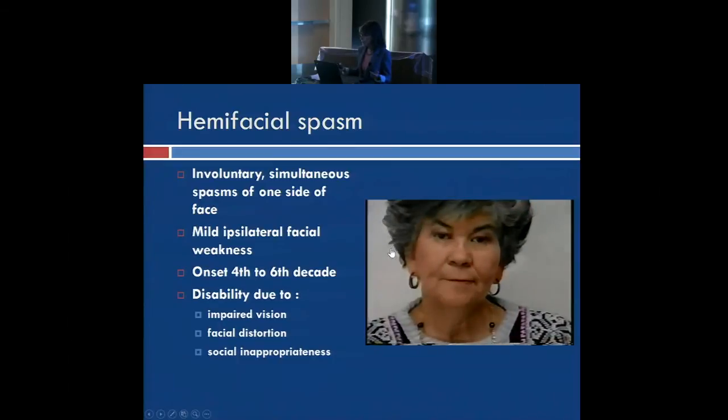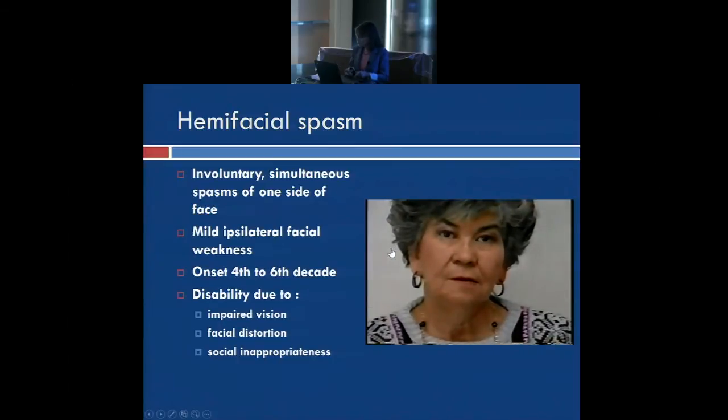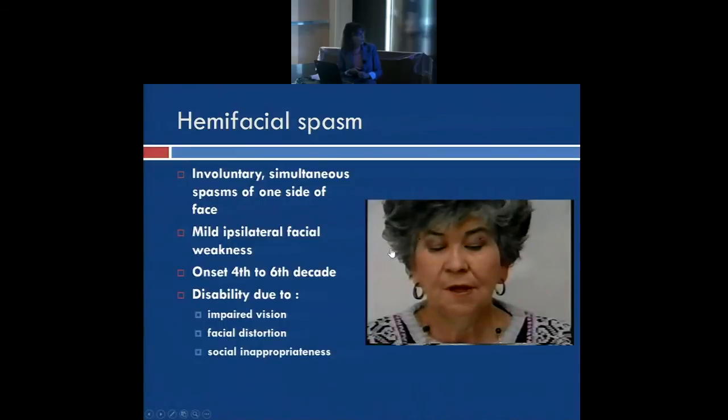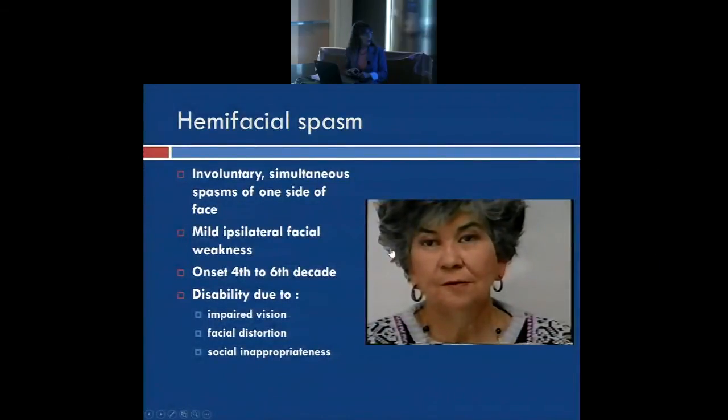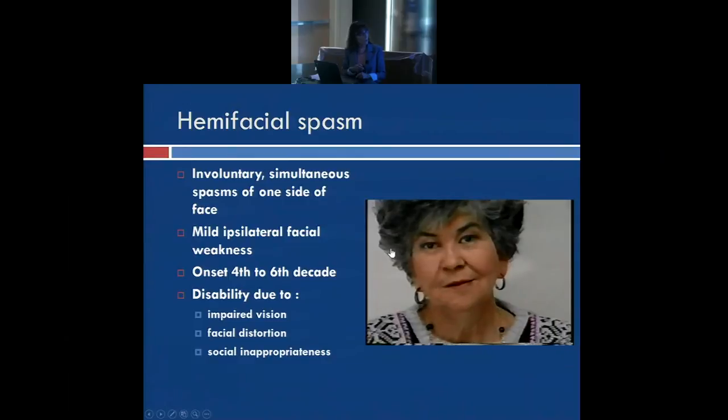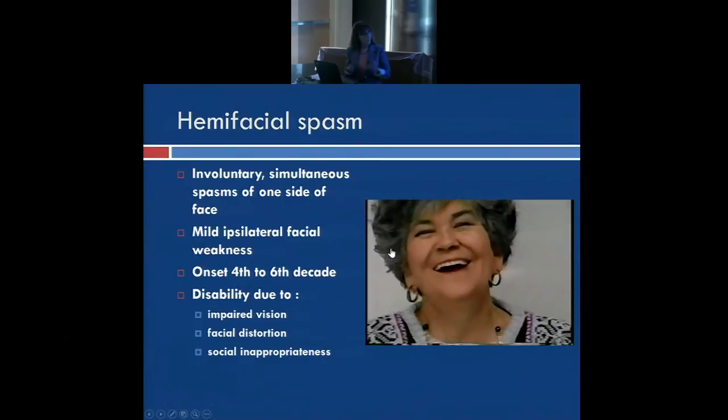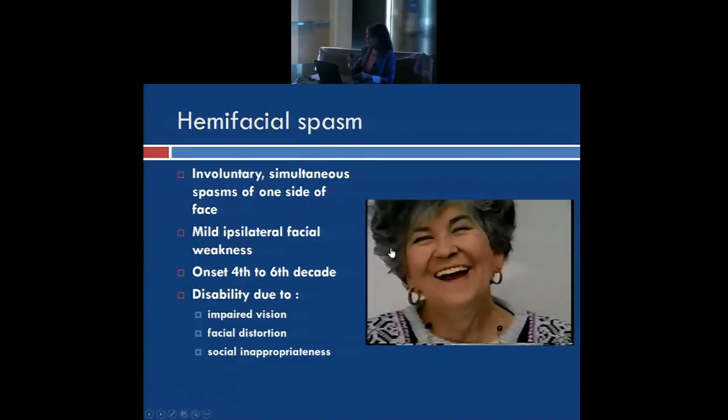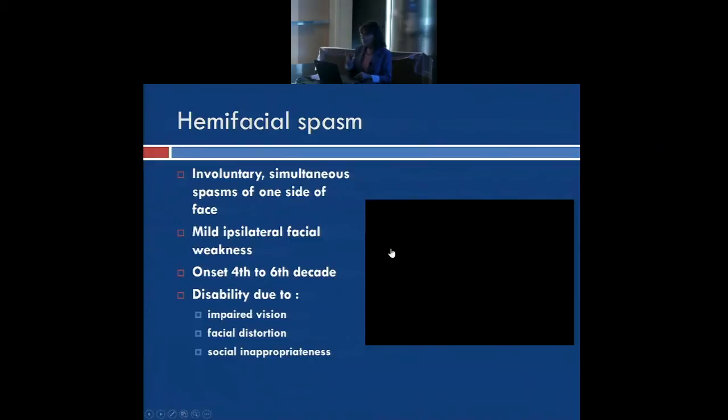And so the social inappropriateness can be an issue as well with these patients. This disorder is also treated predominantly with botulinum toxin, and here you can see, I got her happy, you can see that on one side, those spasms have been completely eliminated through the administration of that kind of therapy.